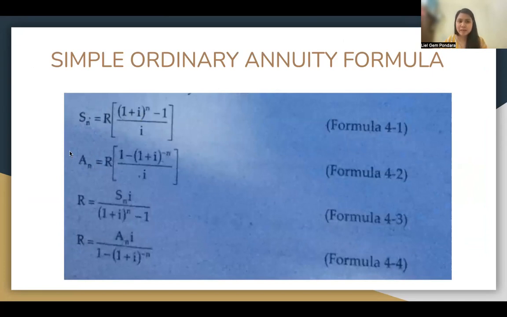If it's a present value, our exponent will become negative n. And if in future value it's minus 1, in the present value it's 1 minus. Then, based from these two formulas, you can derive the next two formulas. Let me show you that once you get into the topic.